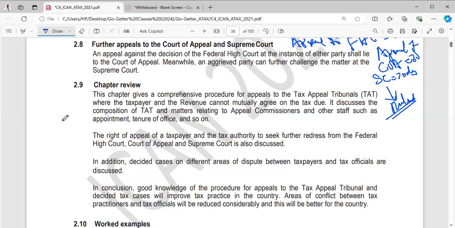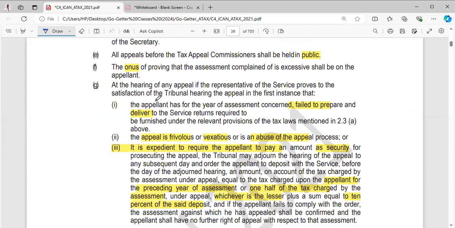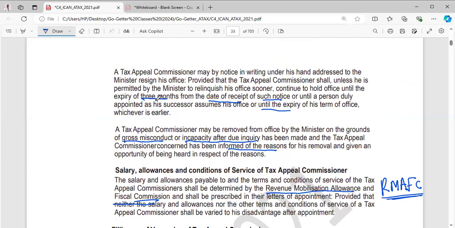Their remuneration is being prepared by the, what's that name again? We get that long name. Revenue Mobilization Allocation and Fiscal Commission. They determine the conditions of service and the salary and allowances of the appeal commissioners.